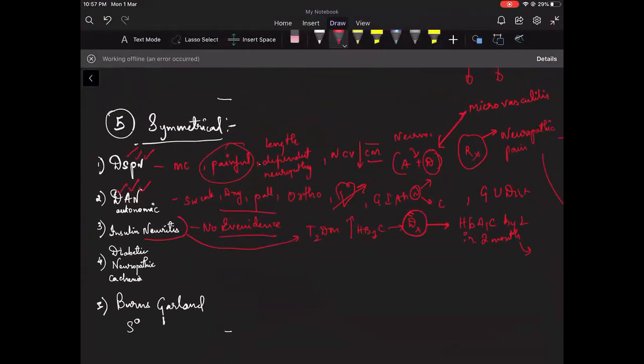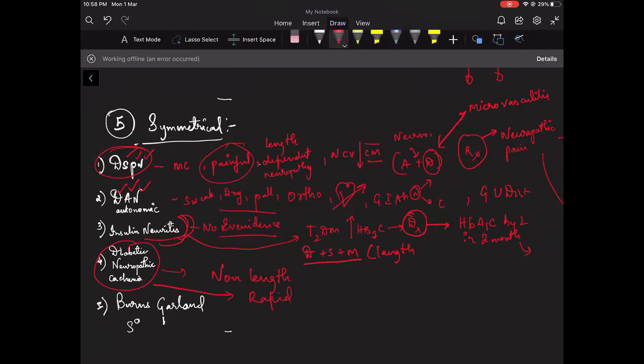Next is diabetic neuropathic cachexia. Like in the insulin neuritis type, the patient will have distal sensory motor involvement, and it is usually length dependent, similar to this picture. But in diabetic neuropathic cachexia, it is non-length dependent. This is usually seen in a diabetic patient when there is rapid weight loss.